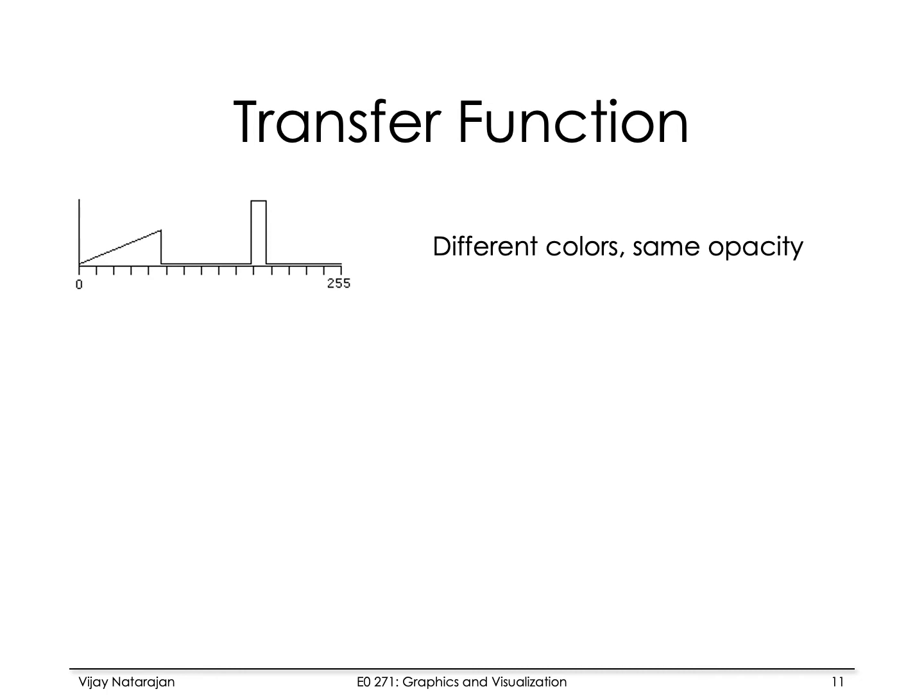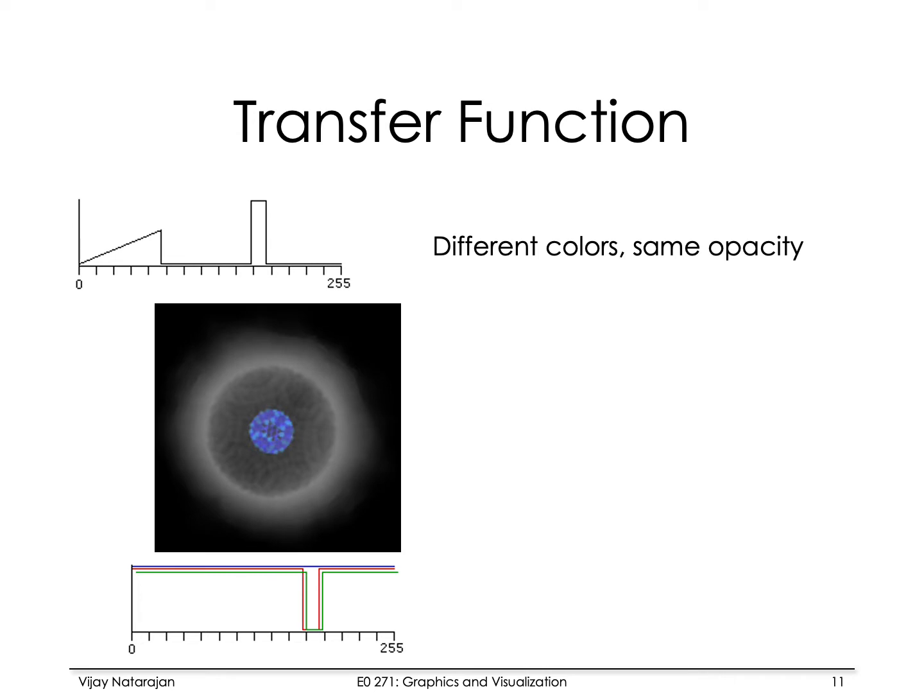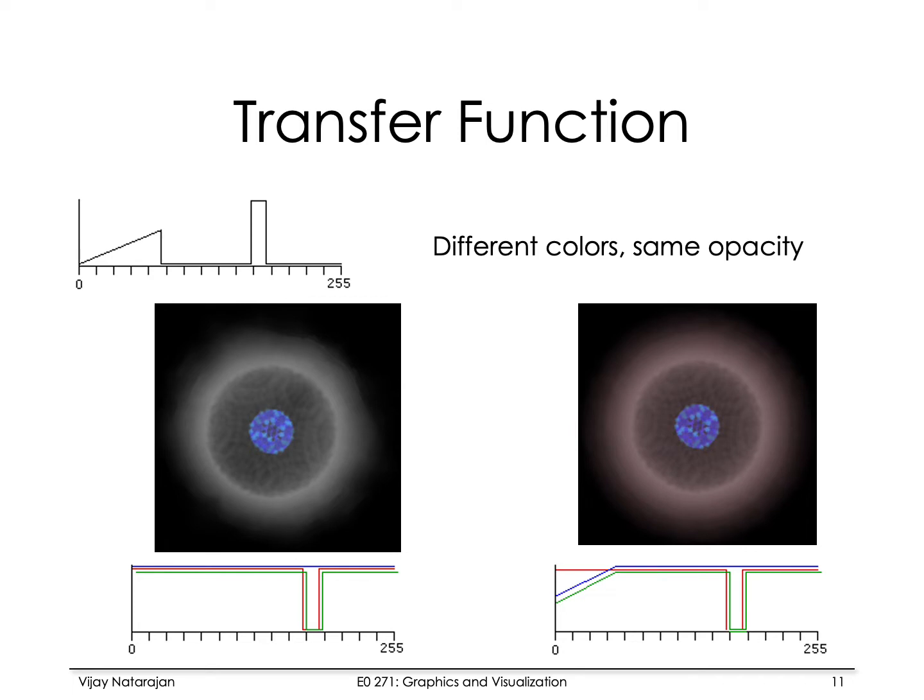Let's stick to this opacity transfer function and assign different colors. What we saw earlier was a blue core. Instead, if we assign a transfer function such as this with lower values for blue and green corresponding to the incline, then we get a blue core together with a reddish halo.